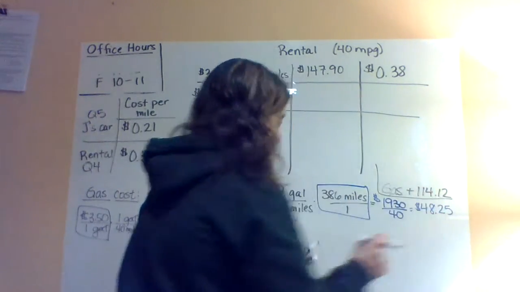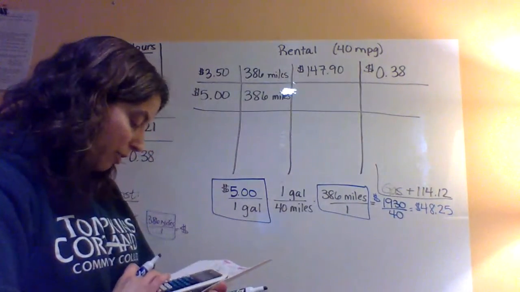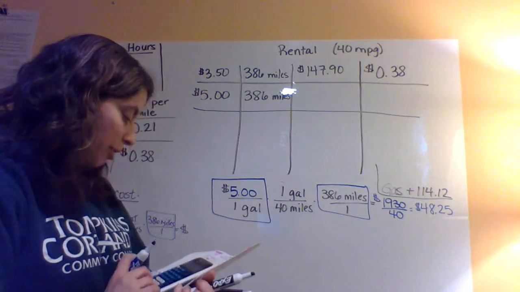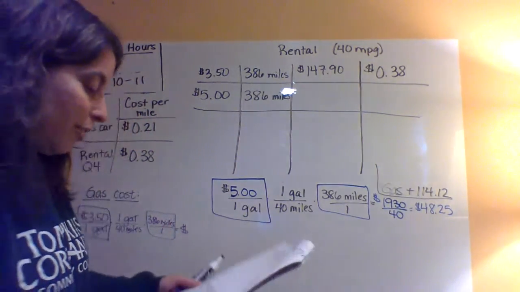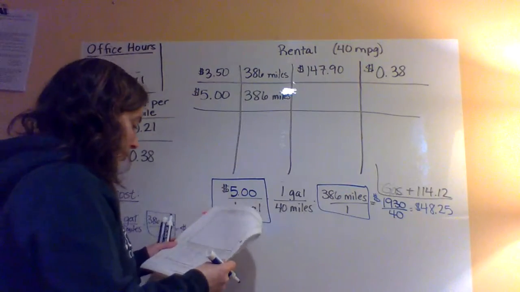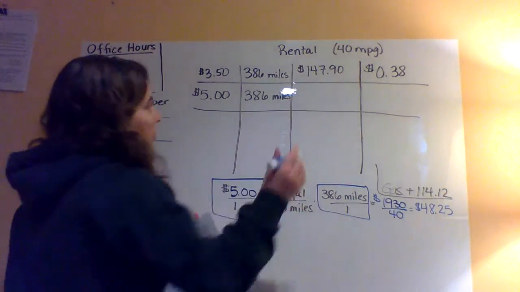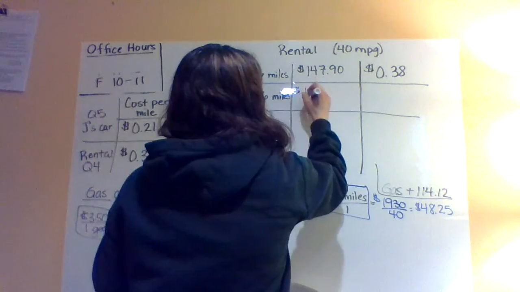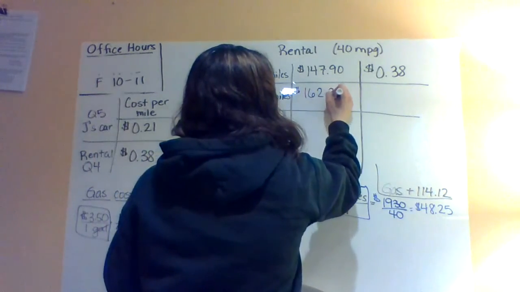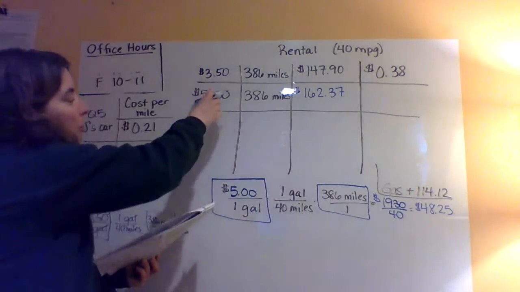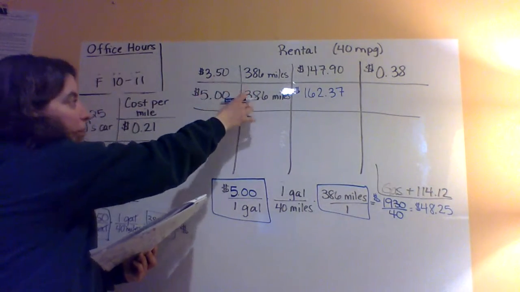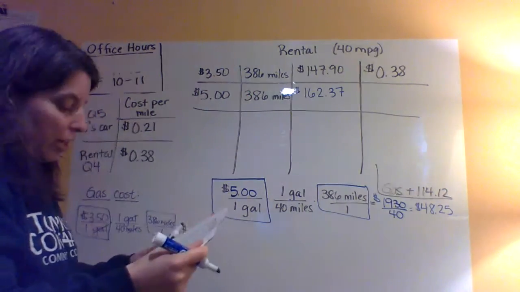Sorry. So we add 48.25 plus 114.12, and we're going to get 162.37. So that is the cost of renting a car if we go with the same distance but we have higher gas prices.